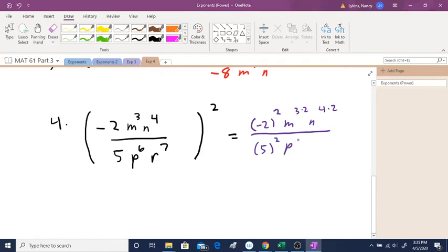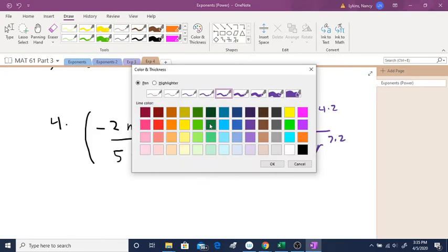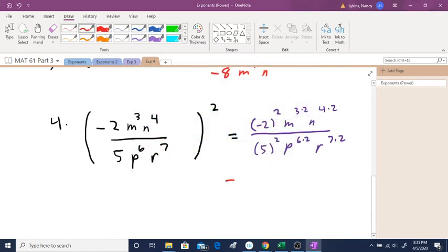P is 6 times 2, and my r is 7 times 2. Negative 2 squared, since my base is negative, my exponent is even. My answer is going to be positive 4. M would be 6. N 8 over 5 squared is 25. P 12, and finally r to the 14th.